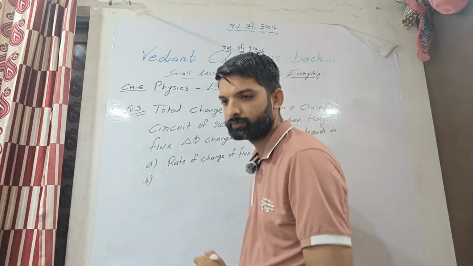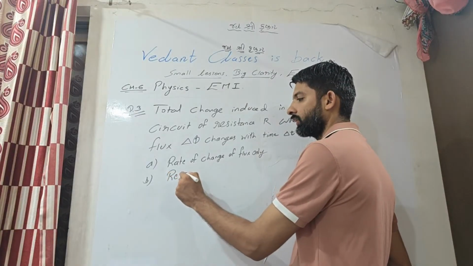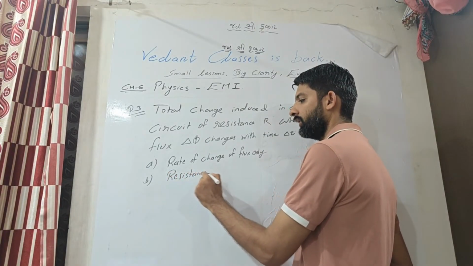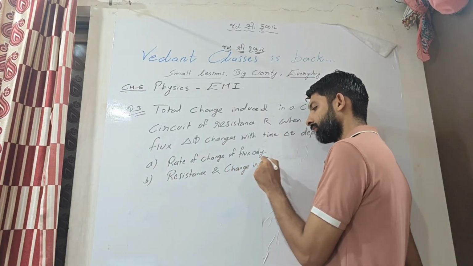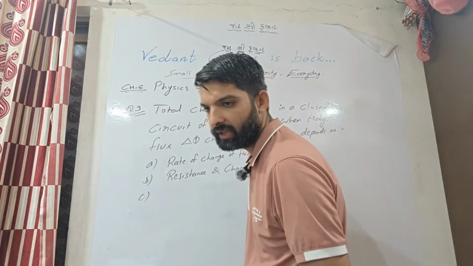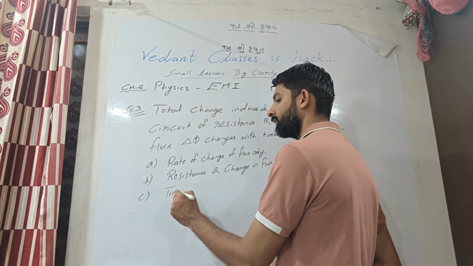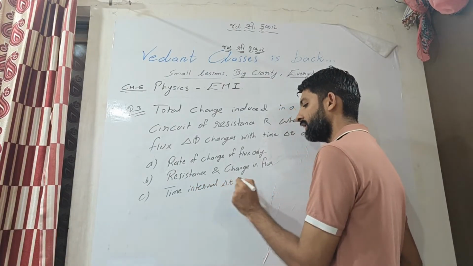Option B: resistance and total change in flux. Then option C: time interval delta t only.